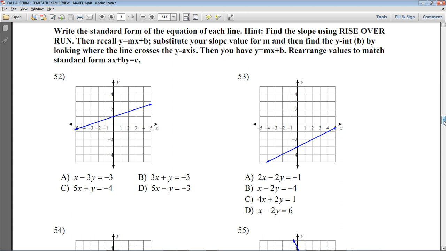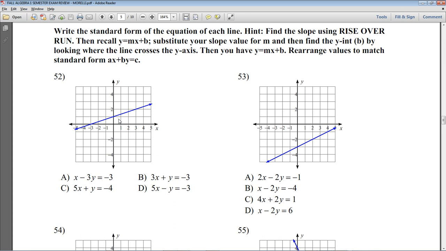I'm still working on getting this graphed. It looks to me that the y-intercept is 0, 1. So here's 0, 1, the y-intercept. And then we have this blue line.